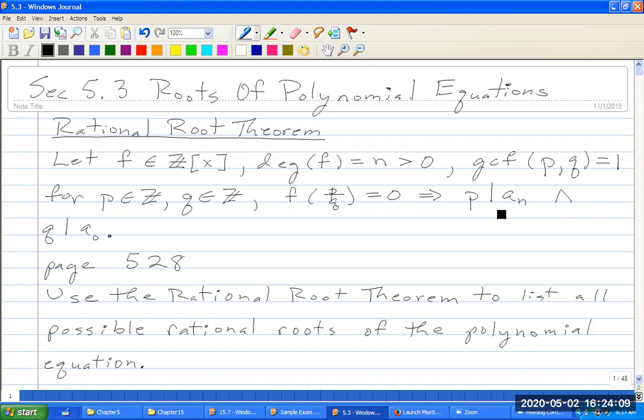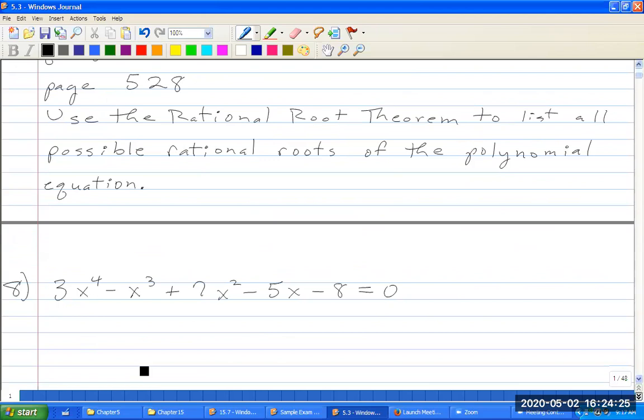So first, let's just figure out what are the P's and Q's. Page 528, use the rational root theorem to list all possible rational roots of the polynomial equation. And so I have here problem number 8, 3x to the 4 minus x to the 3rd plus 7x squared minus 5x minus 8 equals 0.